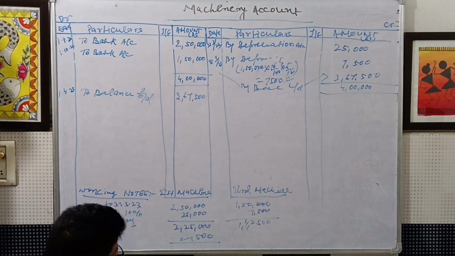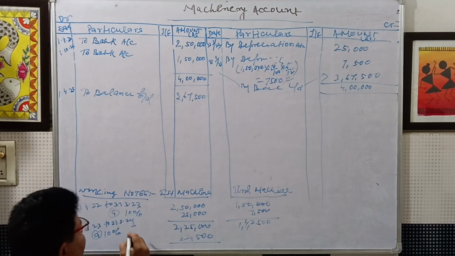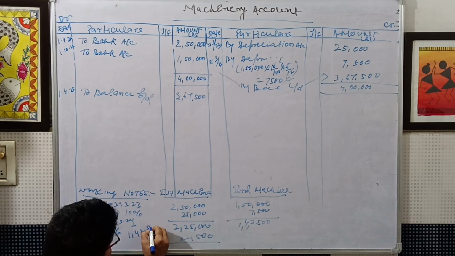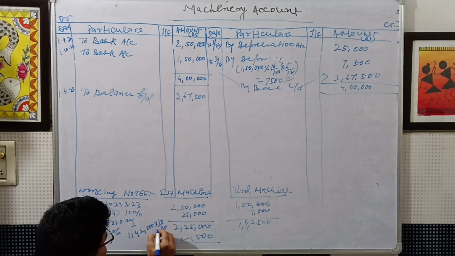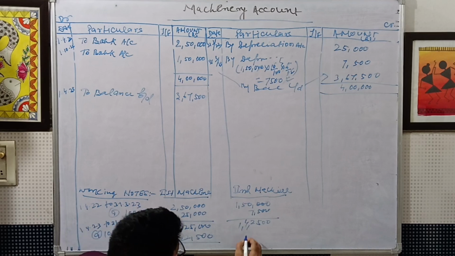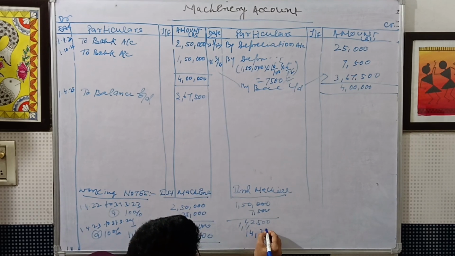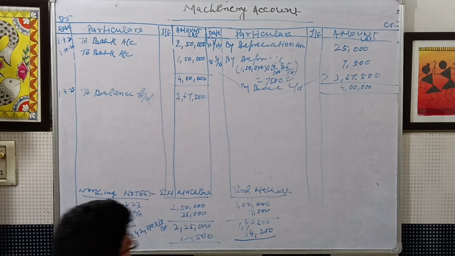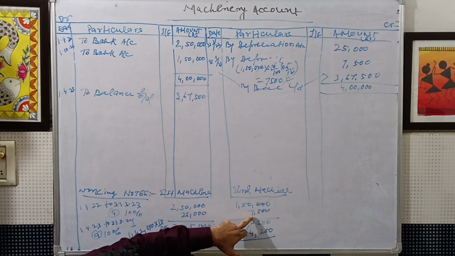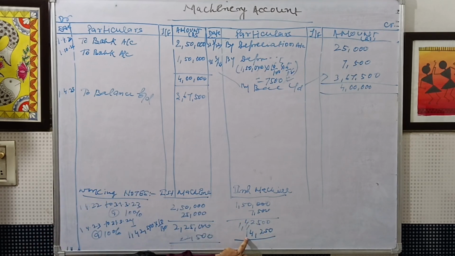So how to calculate? Very simple. 1,42,500 into 10 by 100, it means 14,250. In the last year, you charged 7,500 as depreciation, but in this year 14,250.